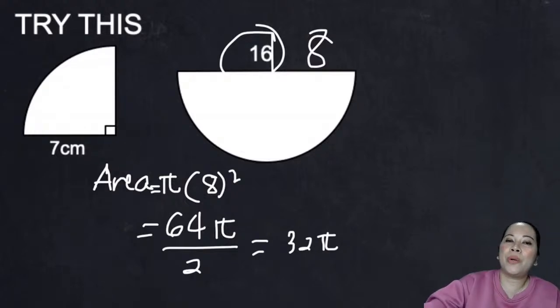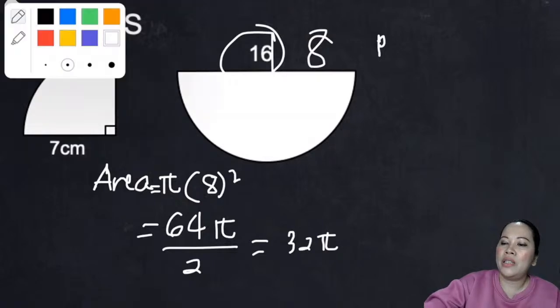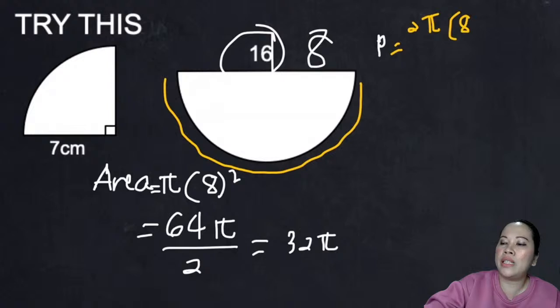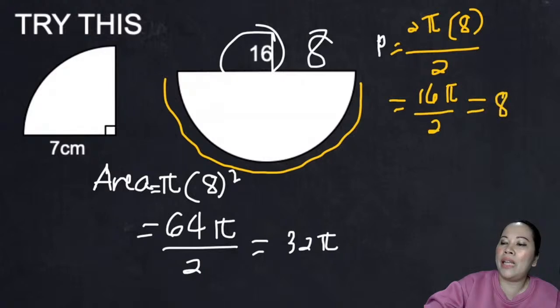Now moving to the perimeter. Again, you first find the circumference portion here. So the perimeter will be 2 pi, and then your r is 8, divided by 2. That will give you 2 pi, that is 16 pi, divided by 2, which is 8 pi.